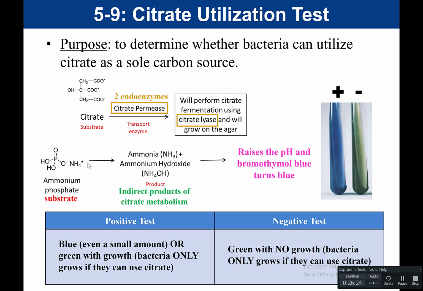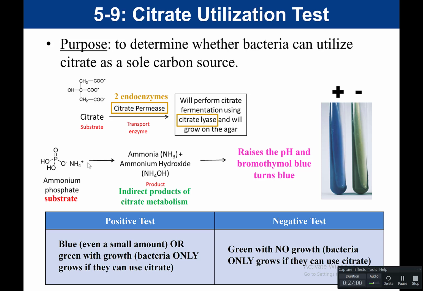If bacteria don't utilize the citrate, they also don't grow. In the case of the phenol red broth, no growth was inconclusive because in the phenol red broth, there were peptones, there were sugars, there were multiple food sources. Bacteria should have been able to use something. So in a phenol red broth test, no growth would be inconclusive, but in a citrate test, no growth is a true negative. Because again, if they can't utilize the citrate, they can't grow.